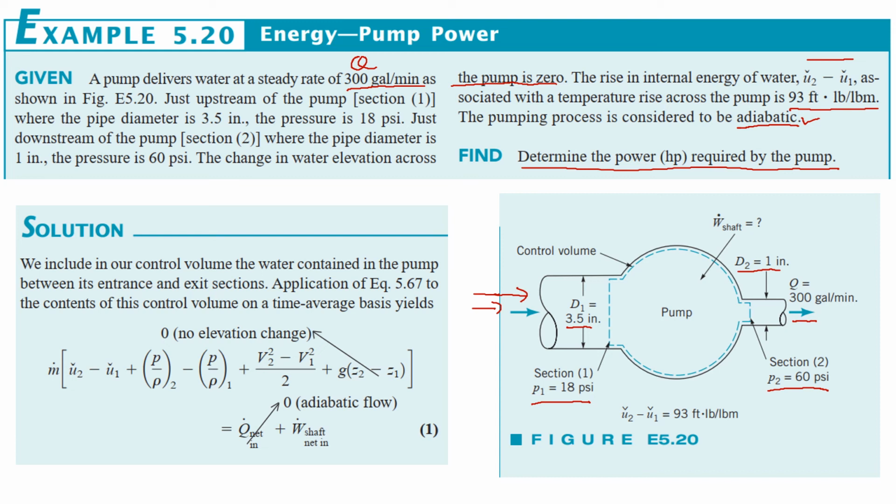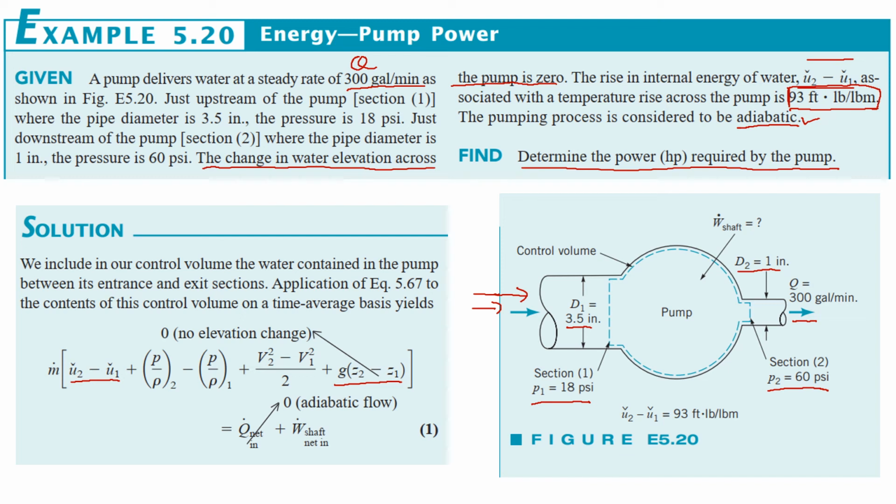So let's look at our equation now. The flow is steady state, and as we discussed, we will only discuss steady state flow problems. So that partial derivative with respect to t term for our control volume is already equated to 0 in this equation. So don't get confused that our equation has changed somehow. This is our change in internal energy, given as 93 foot-pounds per pound mass, and this is our elevation, and as they said, the change in water elevation across the pump is 0.